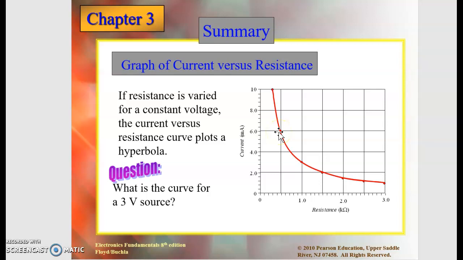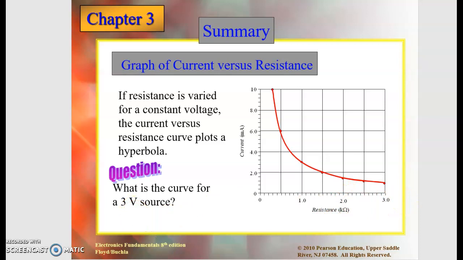Remember, you can only vary one thing and measure the other thing so that you can see the effect. So we can be changing the resistance, measuring the current as long as the voltage is constant. Or we can be modifying the current, measuring the resistance, but the voltage has to be constant.